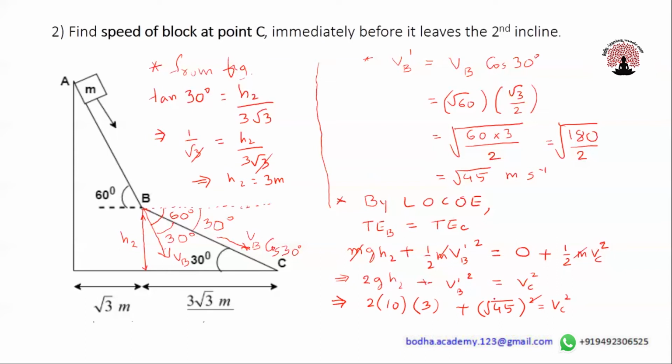Root and square cancel off. So 30 into 2 is 60, and 60 plus 45 is 105. So we get Vc square is equal to 105.